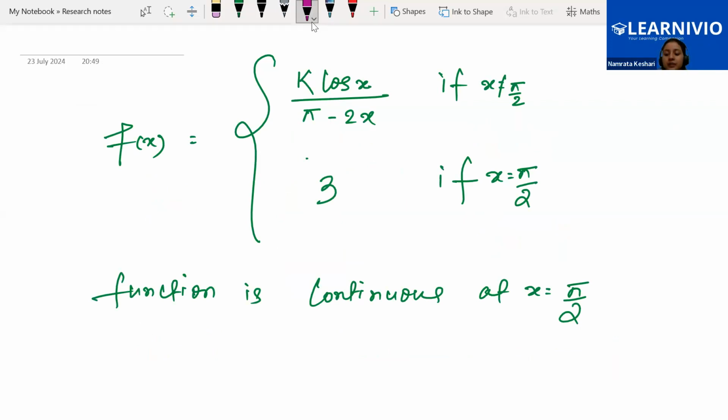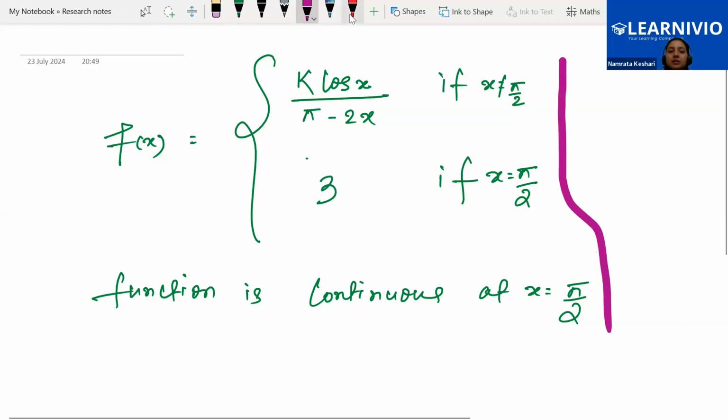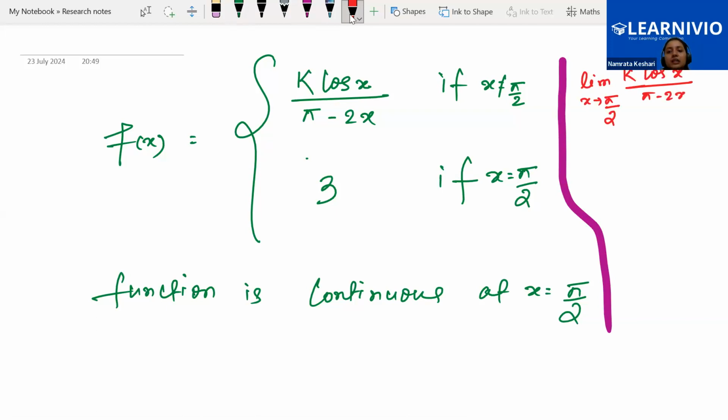Yes. Let's do it. Suppose we are doing it quickly, the way we find the limit. Left hand and right hand, we can see the function is same, right? So quickly, how we find limit x tends to pi by 2 of k cos x over pi minus 2x. Can you calculate and let me know what you are getting, Fatima?